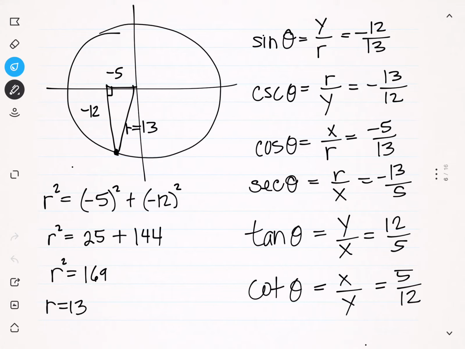Secant, reciprocal, so we just flip it, we get negative 13 over 5. Tangent is y over x, so we have negative 12 divided by negative 5 gives us positive 12 fifths. And then flip that, and you get cotangent, which is 5 over 12.